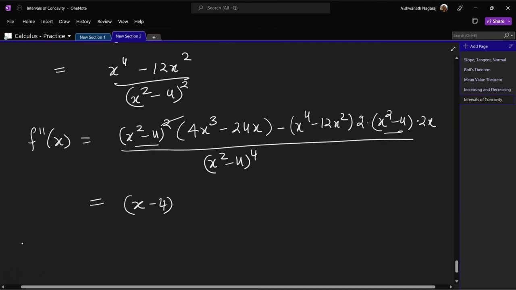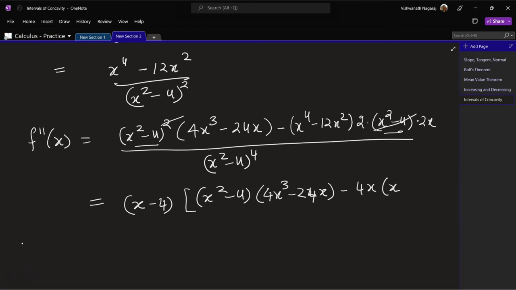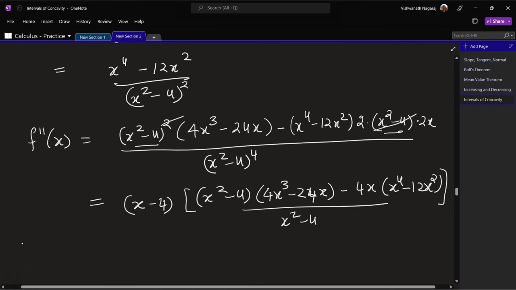So one of this and this will disappear, so we will have x square minus 4 times 4x cube minus 24x, minus 2 times 4x times x to the power of 4 minus 12x square, divided by x square minus 4 to the power of 4.